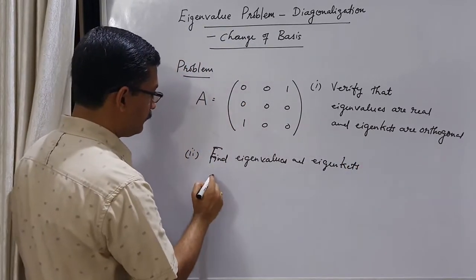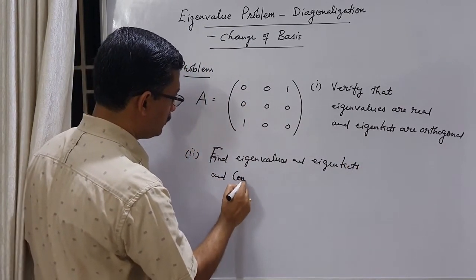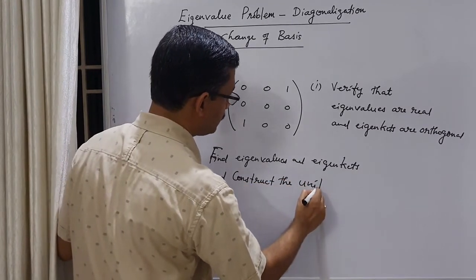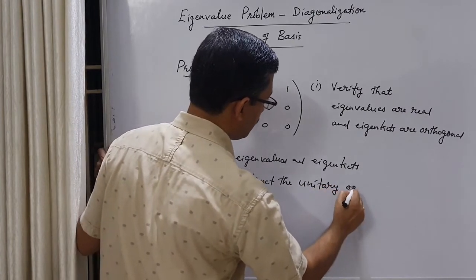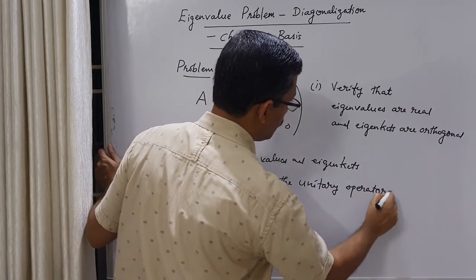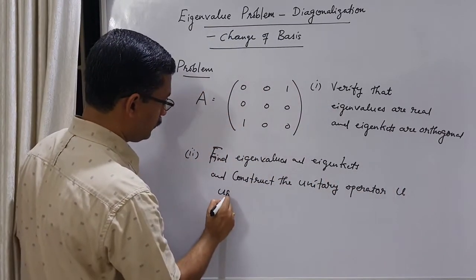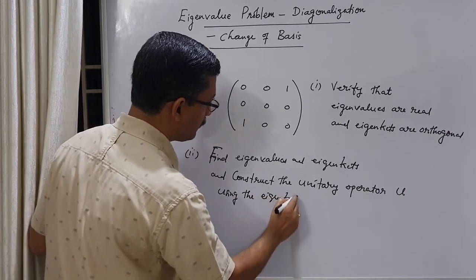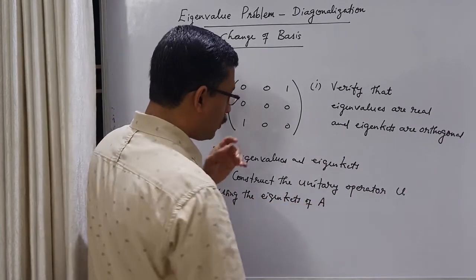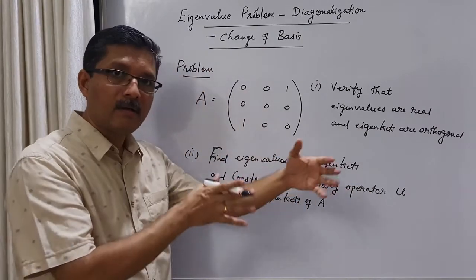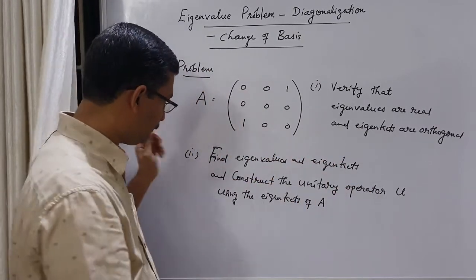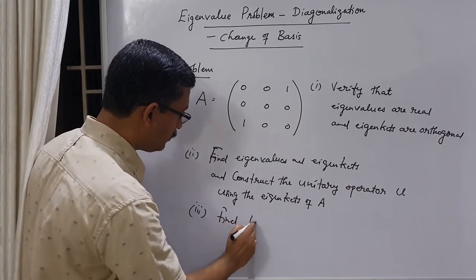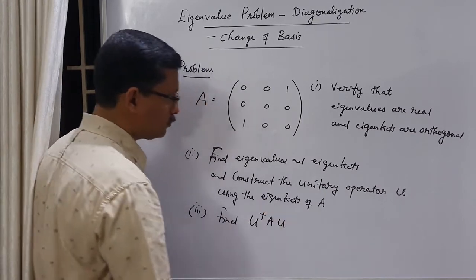And construct the unitary operator U using the eigenkets of A. How? Each column of the unitary operator U should be the eigenket of A. And finally find U dagger A U.